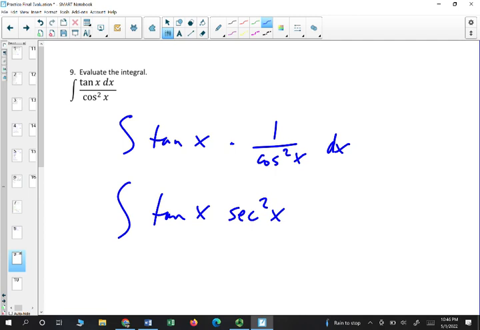And so now we have our tangent and we have our secant squared. So it's in the form of a u and a du. Okay, so if the u is tangent, du is secant squared x dx.